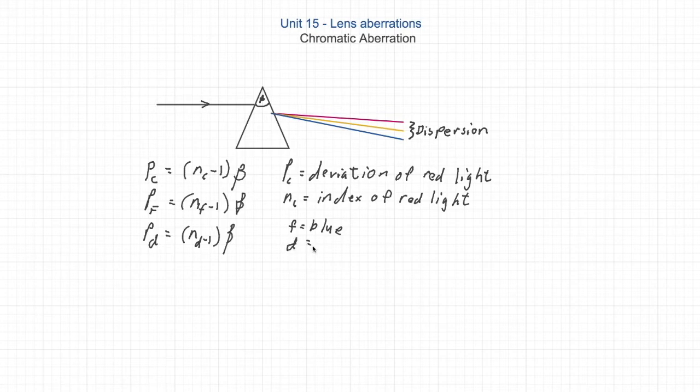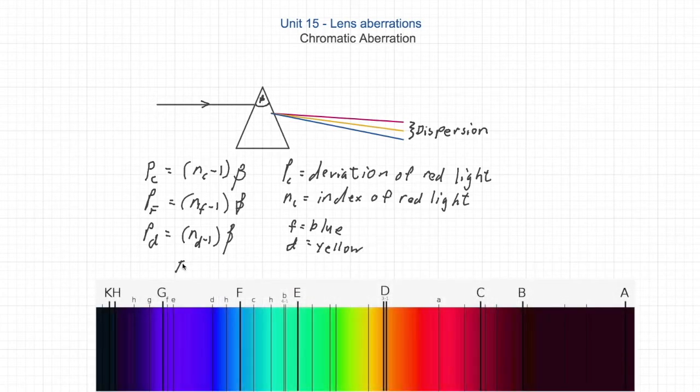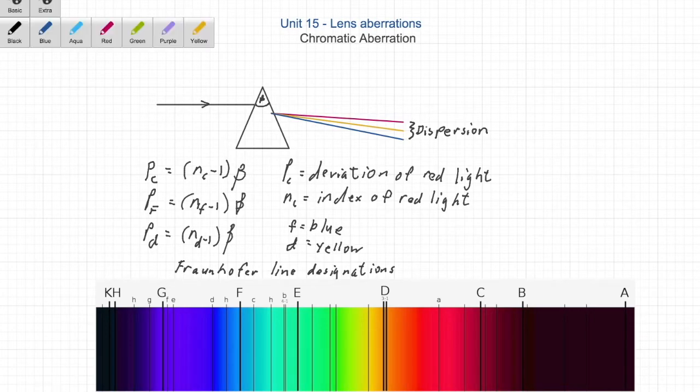Now you might ask, why don't we use R for red and B for blue and Y for yellow? And you can blame that on Joseph von Fraunhofer, a German physicist who lived in the late 1700s and early 1800s. He found, when he examined the spectra of light from stars and from the sun, there were distinctive black lines in certain colors.